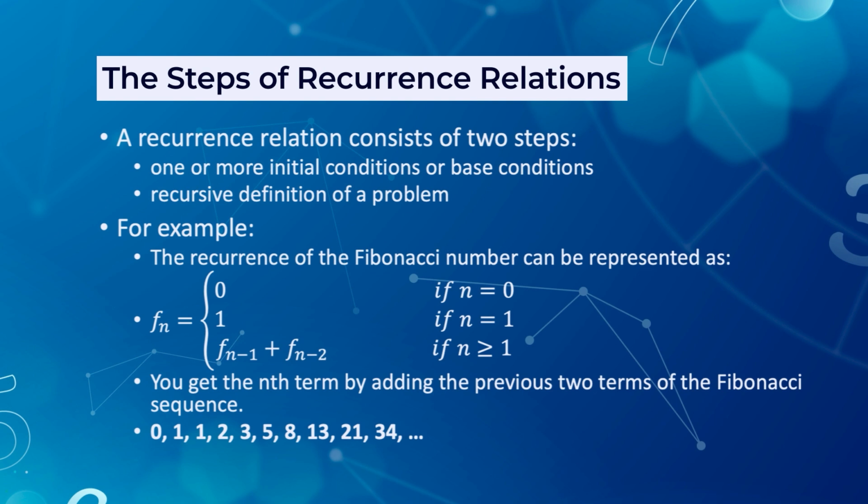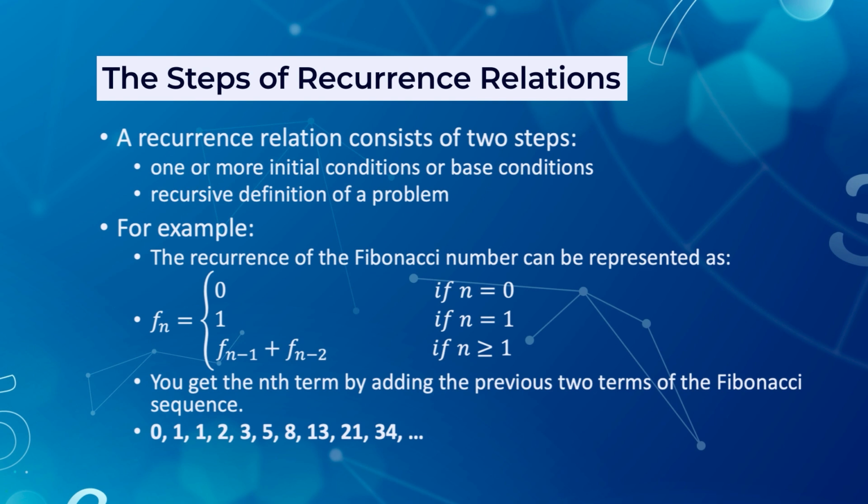What does it mean? If I want to represent F2, it will be F1 plus F0. F3 is going to be represented as F2 plus F1, like that. And that is what will lead to the generation of the sequence of numbers in the Fibonacci series.